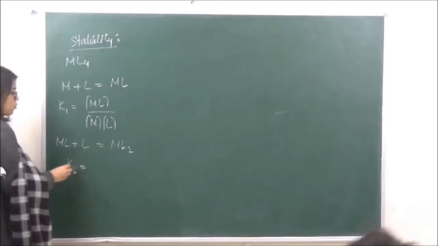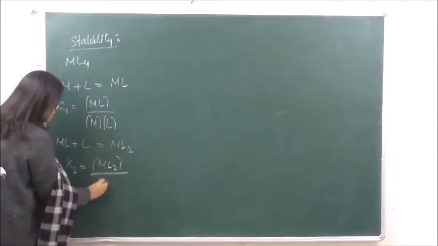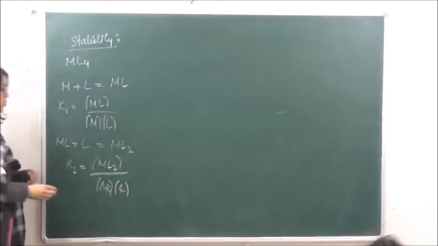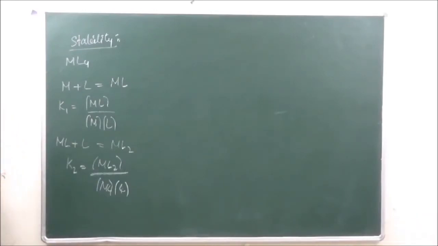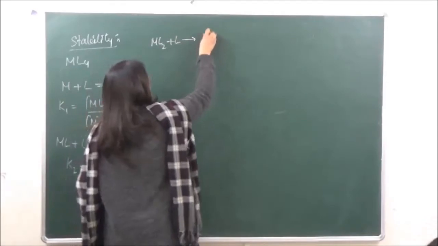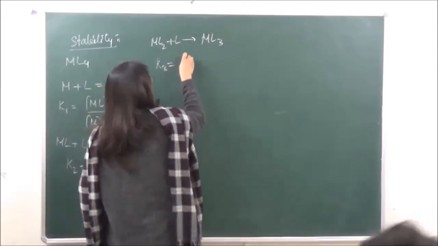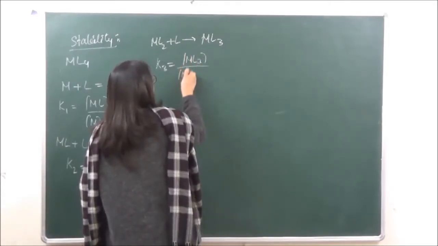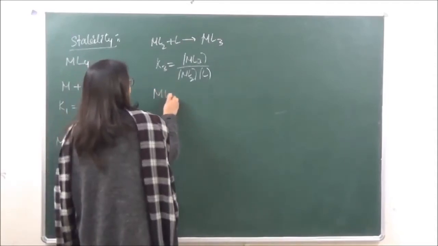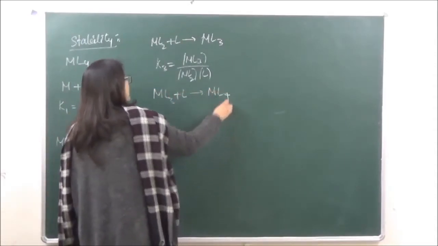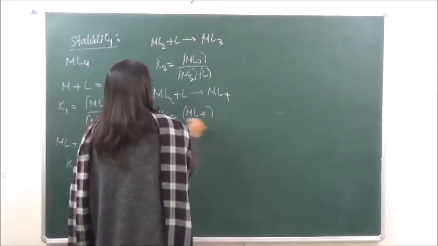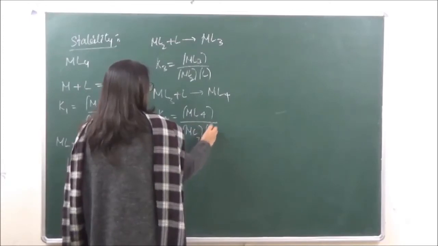The value of K2 is going to be concentration of ML2 upon concentration of ML into concentration of L. Then in the third step, ML2 will coordinate with another ligand to give us ML3, such that K3 becomes concentration of ML3 upon concentration of ML2 into concentration of L. Then in the last step, one more ligand approaches ML3 and we get ML4. K4 is going to be concentration of ML4 upon concentration of ML3 into concentration of L.